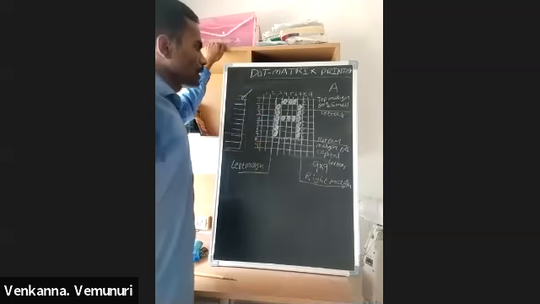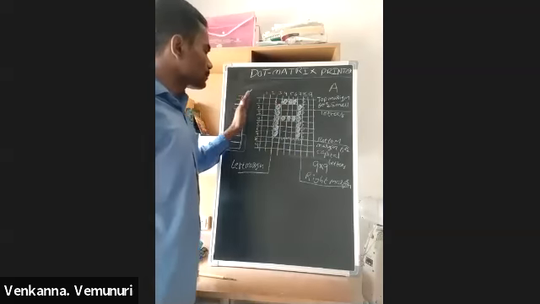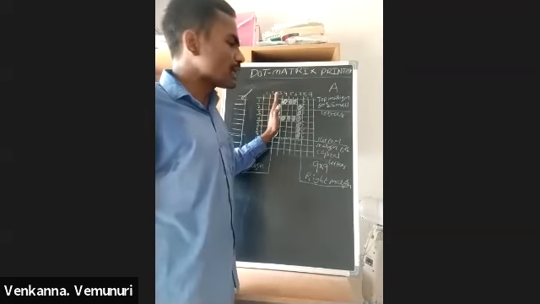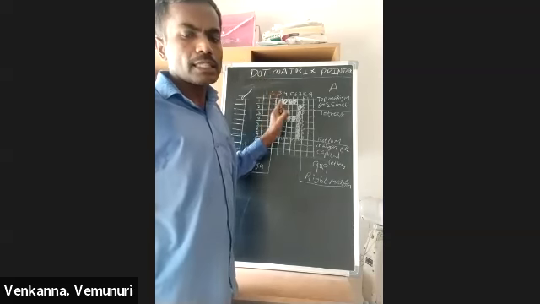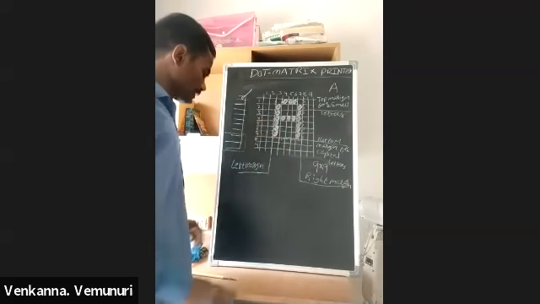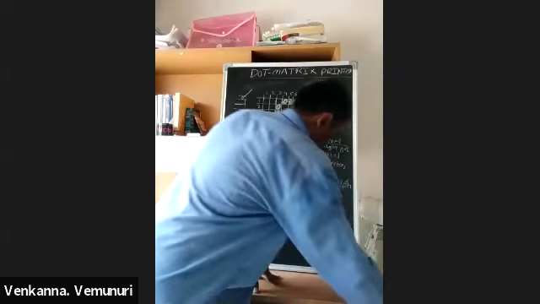So in these pins, the print head is moving and pins are firing. And in which place which pin is firing, that is decided by the logic card, meaning the motherboard. So this is the printing procedure of a dot matrix printer.